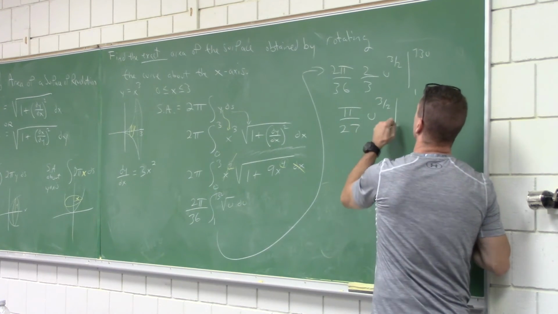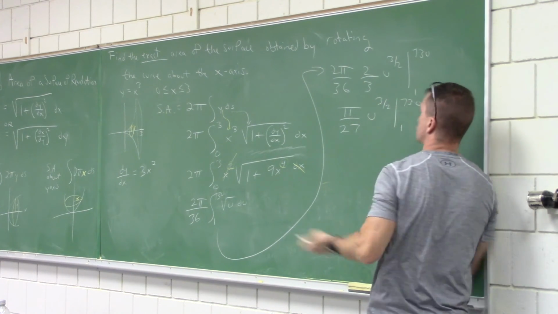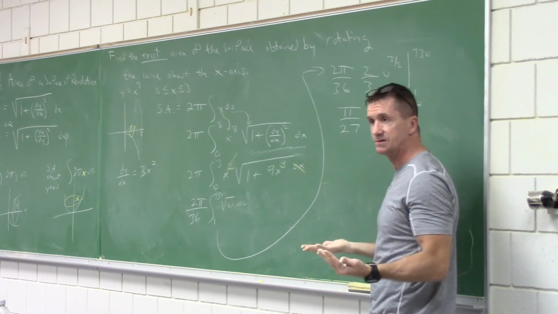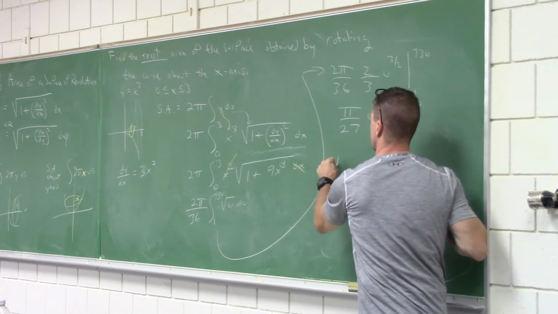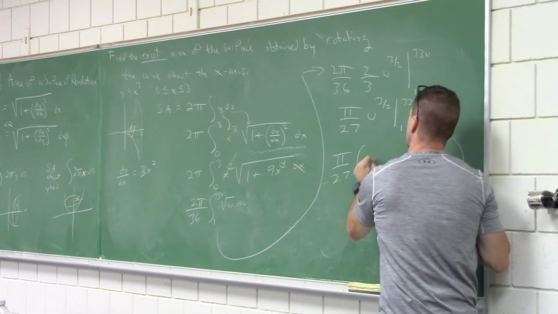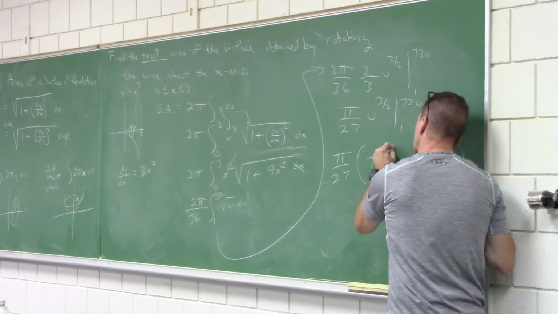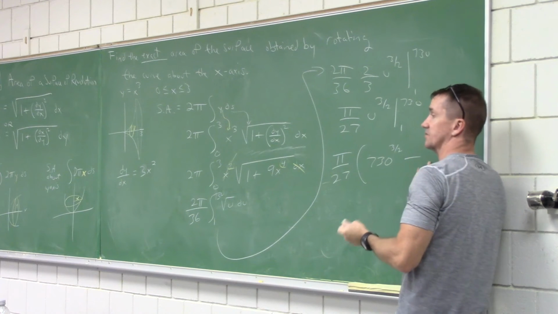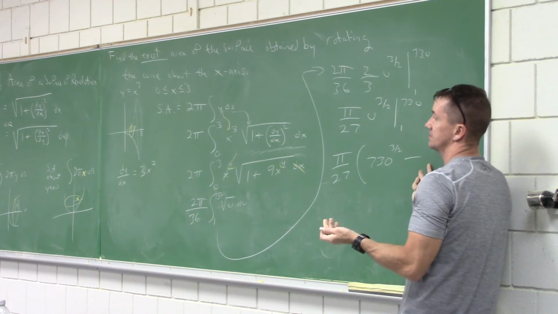And here we go again, everyone. 730 to the 3/2 power is irrational. When I write this answer, here's my surface area, it may look funny: 730 raised to the 3/2, minus 1 to the 3/2. What's 1 to the 3/2?